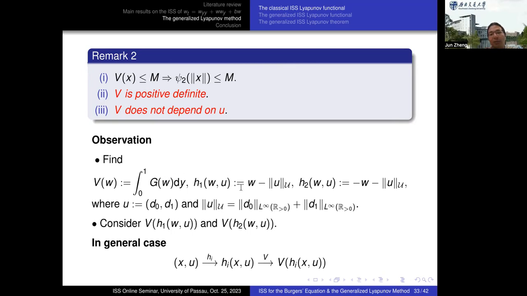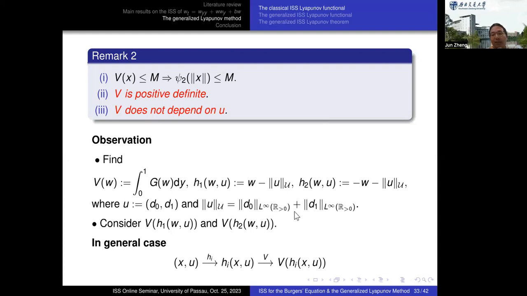And we can also consider functions depending on U. Here we denote by H_1 and H_2 and consider the composite functions V∘H_1 and V∘H_2 for the stability analysis. That is to say, in a general case, we may find some positive semi-definite function V and H such that the composite function V∘H can be used for the stability analysis.